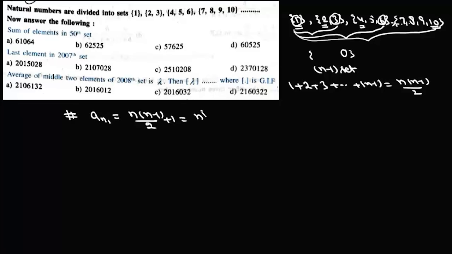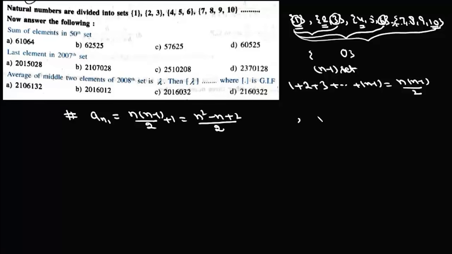So it will be 1 plus 2 plus 3 up to n minus 1, so it will be n minus 1 by 2. So the first element of this nth set will be n minus 1 by 2 plus 1, or simply n square minus n plus 2, whole divided by 2.